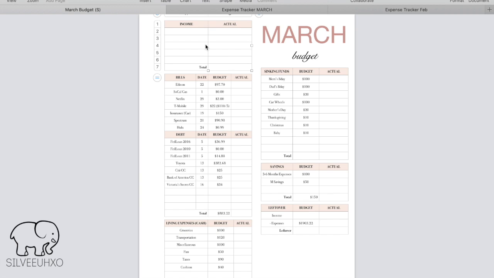The great thing about using a digital copy is that you can add more rows if you need to, or you could delete rows. For example, right here I made space for 5 sources of income.